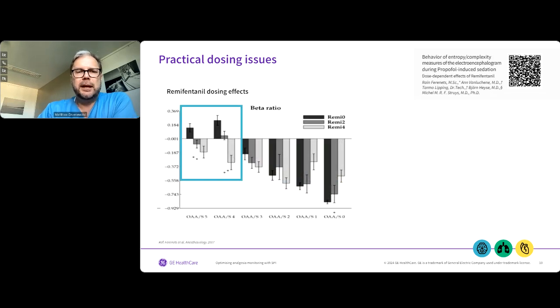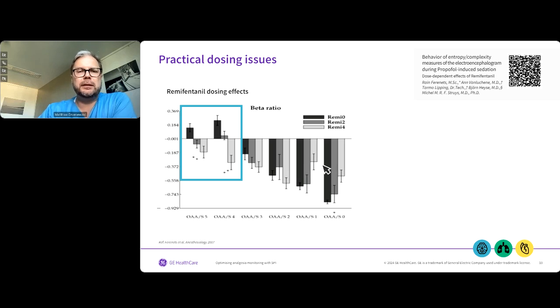And the same thing happens with opioids. We see different effects of the opioids, either using no opioids or different dosages of opioids, and increasing propofol in our patients. And the pattern changes.